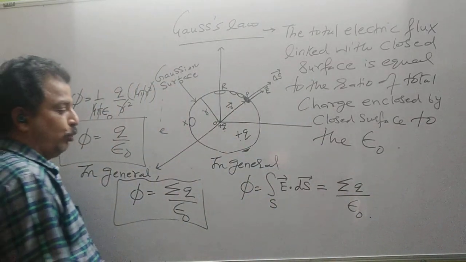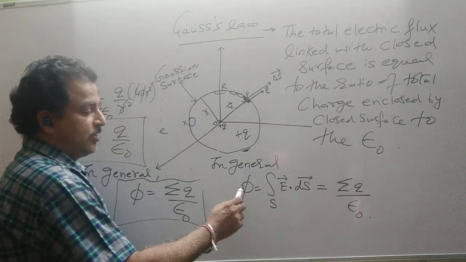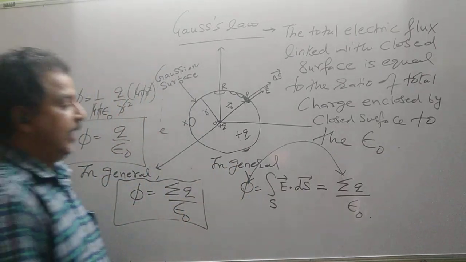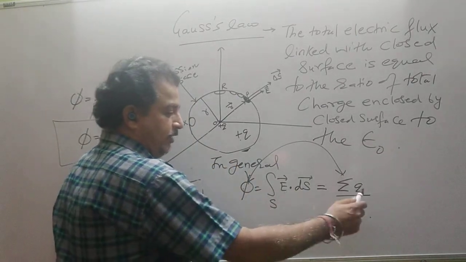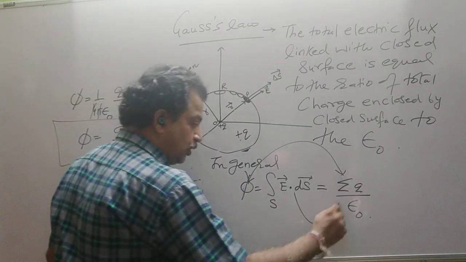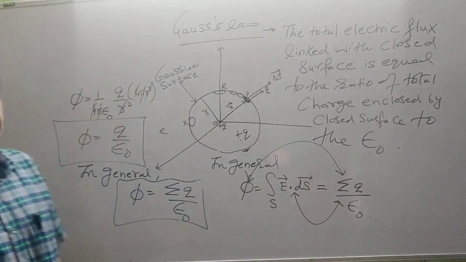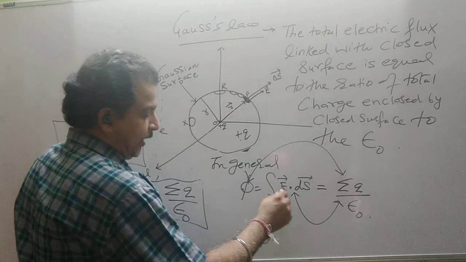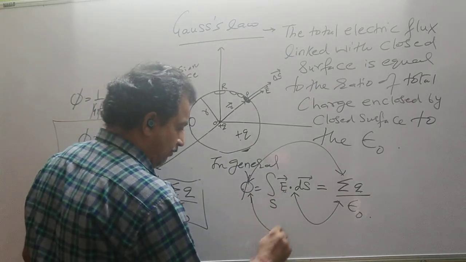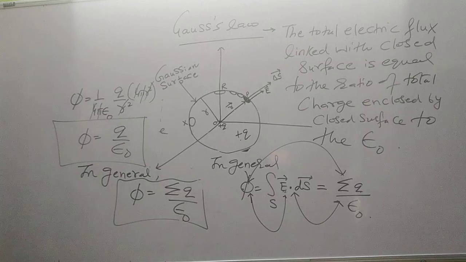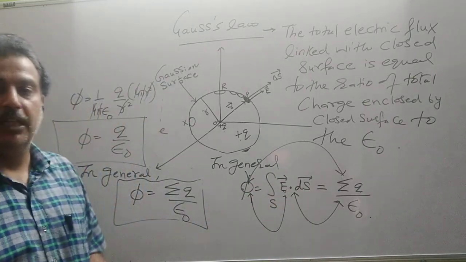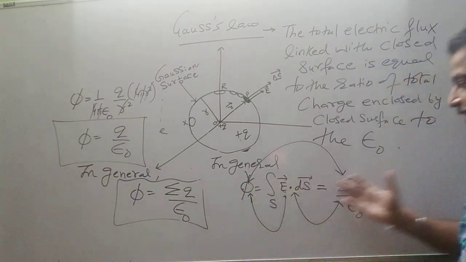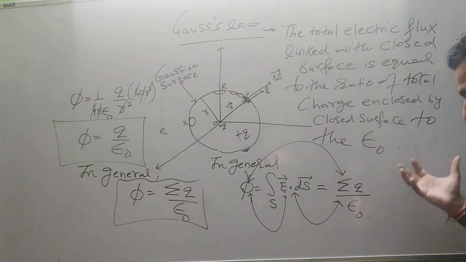So if I want to find out the electric flux and the charge is given, I can directly apply this pair of equations. If I want to find out the electric field intensity with the help of q, I can use the second pair. And if I want to find out the electric flux with the help of the electric field intensity given, then I will use this pair. So we have three pairs of equations where we can find out the flux, field or charge. They are associated with each other by these equations.